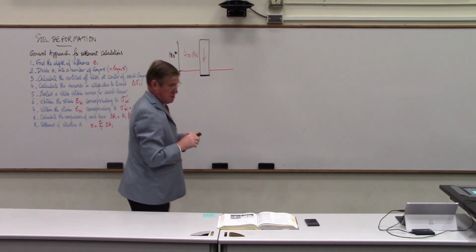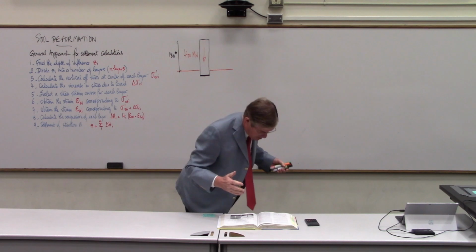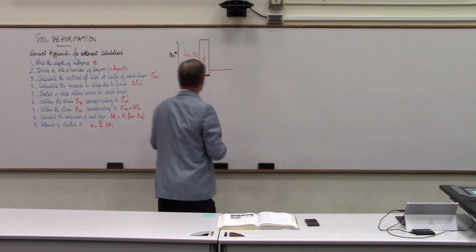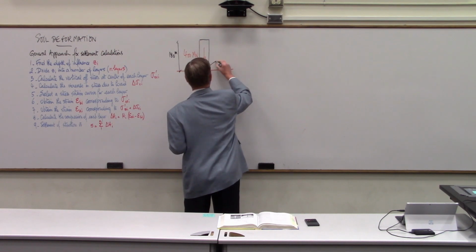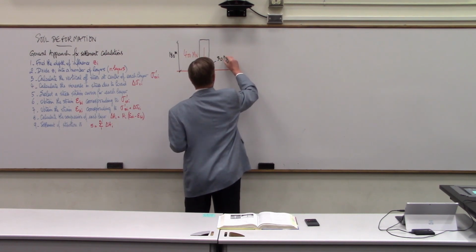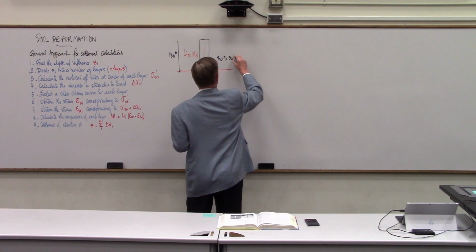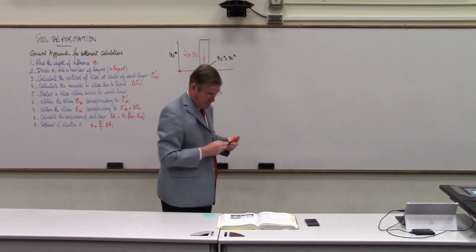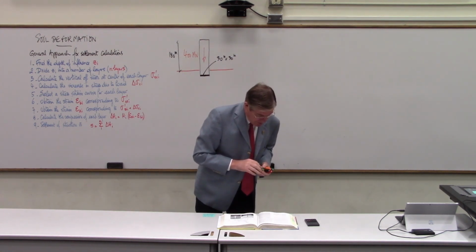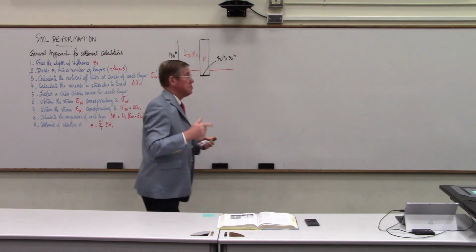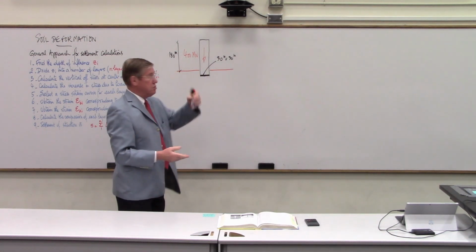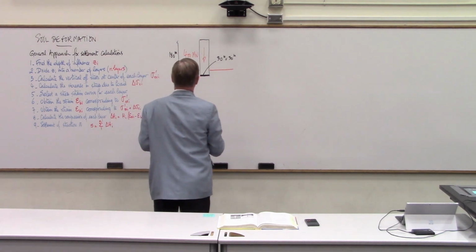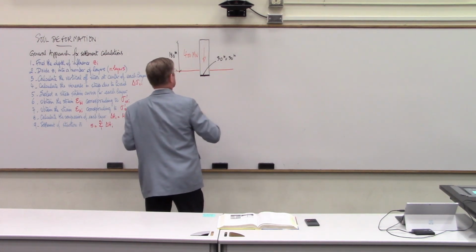And the width of the building, it's a square foundation that is 30 meters by 30 meters. The zone of influence, square foundation, 2B, 30 times 2, 60 meters.